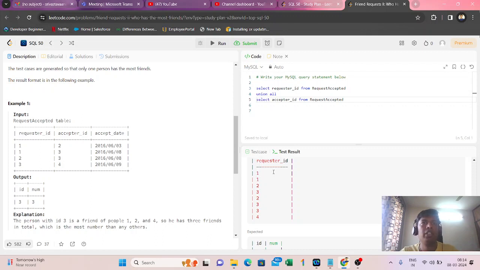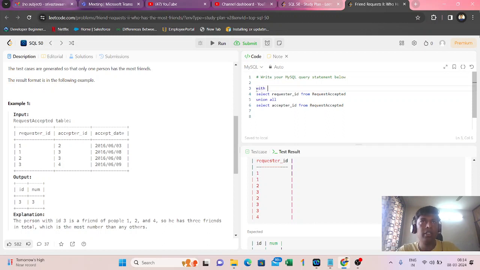Now I will store that in a CTE. To store that in a CTE, just use this syntax with any name. I am using a simple name, city, as, and then enclose it within parentheses.